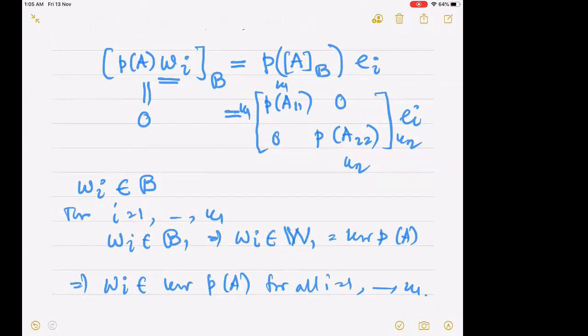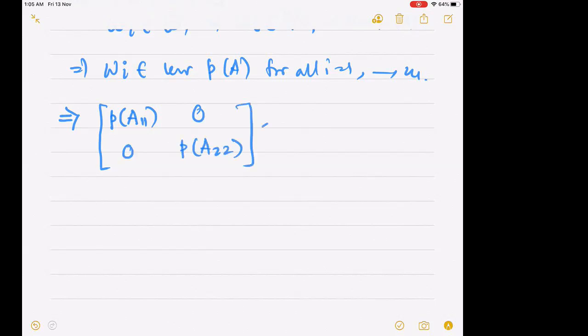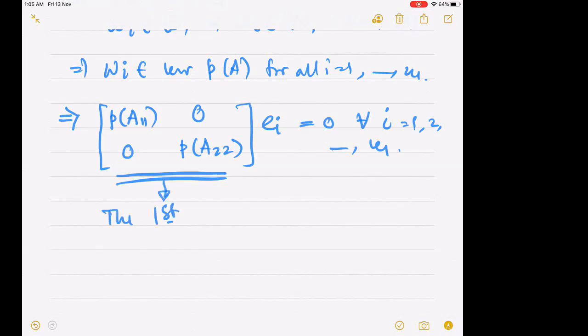So then what have we noticed? What we have noticed is, so therefore, this matrix P(A11) 0 0 P(A22), this into E_I is equal to 0 for all I going from 1 up to K1, which means the first K1 columns of this matrix are all zeros, right?